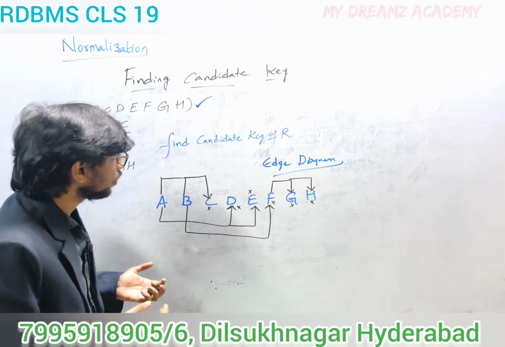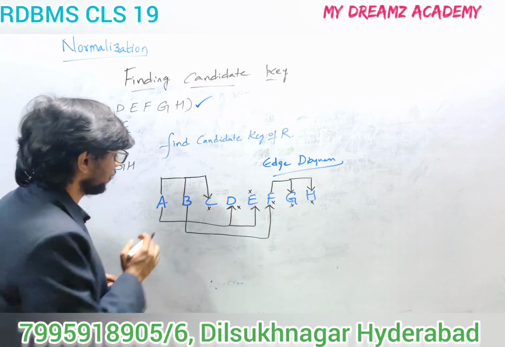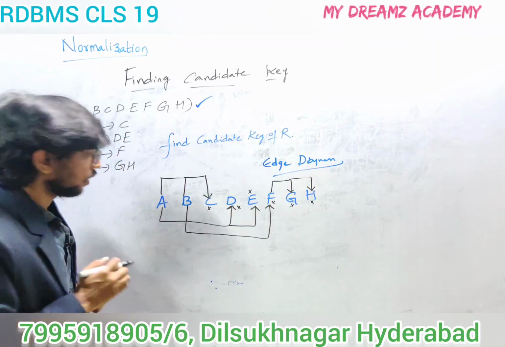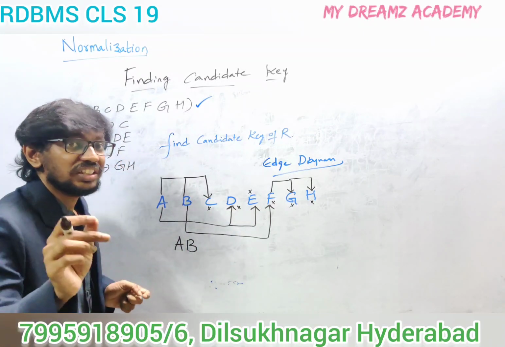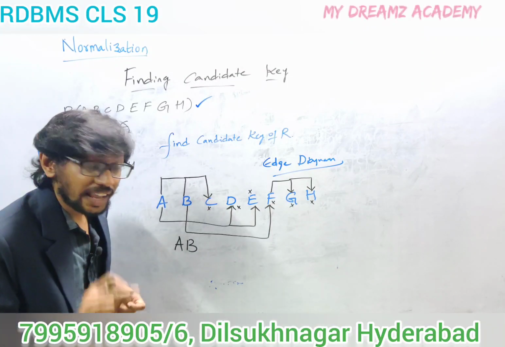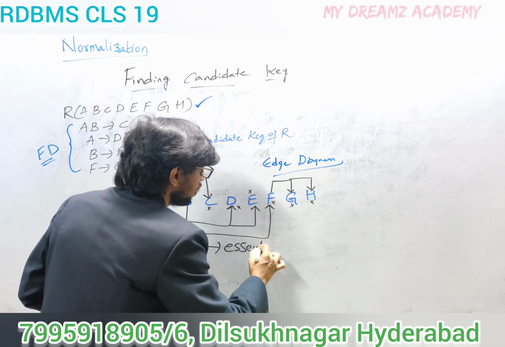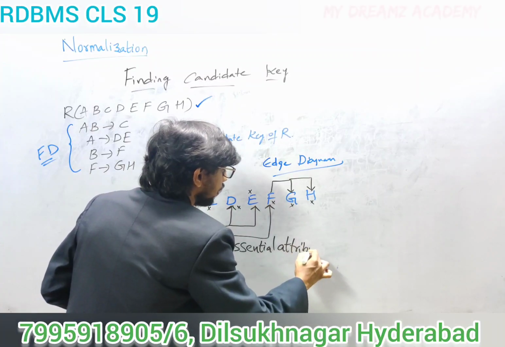Now, let us look at the attributes that don't have incoming edges: A, B. These A, B don't have incoming edges, which means that they are essential attributes, right?